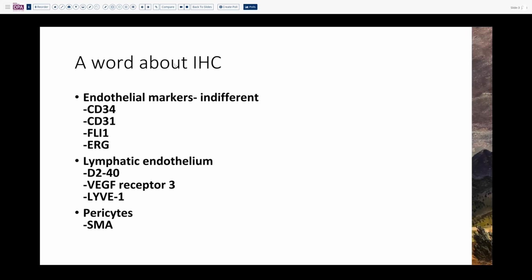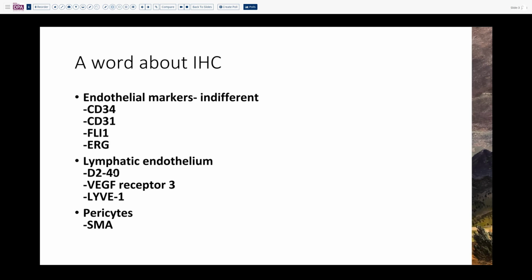So it's important to remember that there are certain markers that we use in immunohistochemistry, which are markers just of endothelium, whether lymphatic or vascular, venous, arterial, et cetera. And those are CD34, CD31, FLI1, and ERG. Now, we also have a few useful markers for lymphatic endothelium.